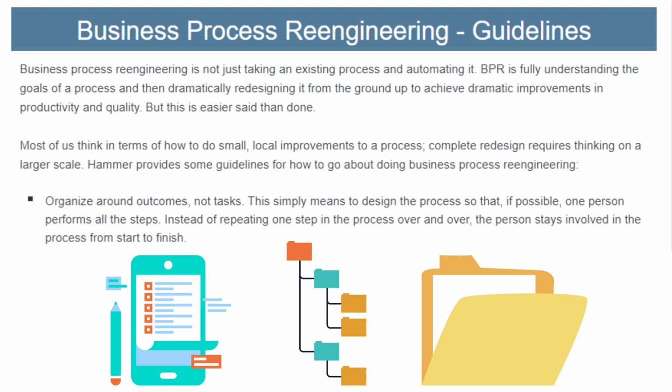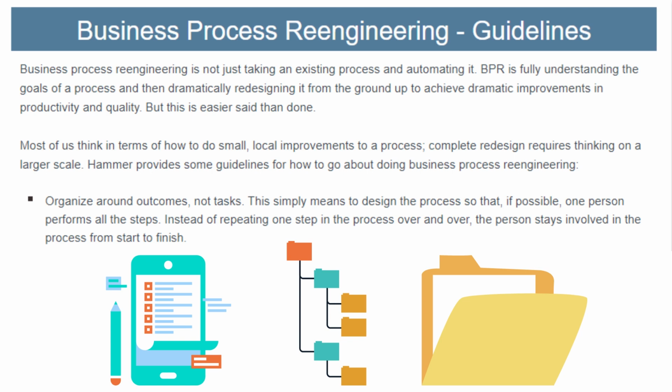Most of us think in terms of small local improvements to a process. Complete redesign requires thinking on a larger scale. Hammer provides some guidelines for how to go about doing business process reengineering. Organize around outcomes, not tasks.